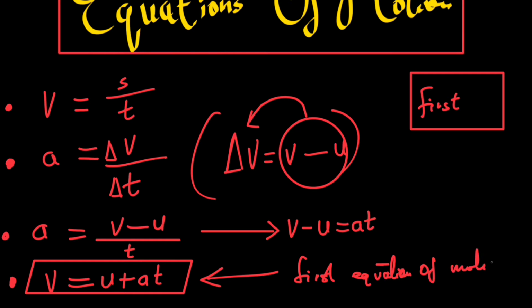Now the second equation of motion can also be derived if we consider that a body moving with uniform or constant acceleration must have an initial velocity u before attaining a final velocity v, and our starting point here will be the average velocity.